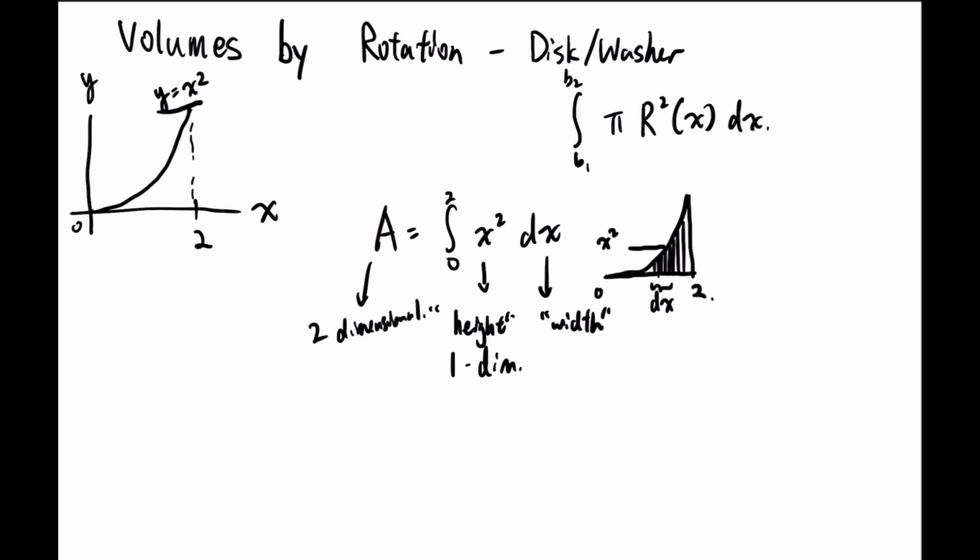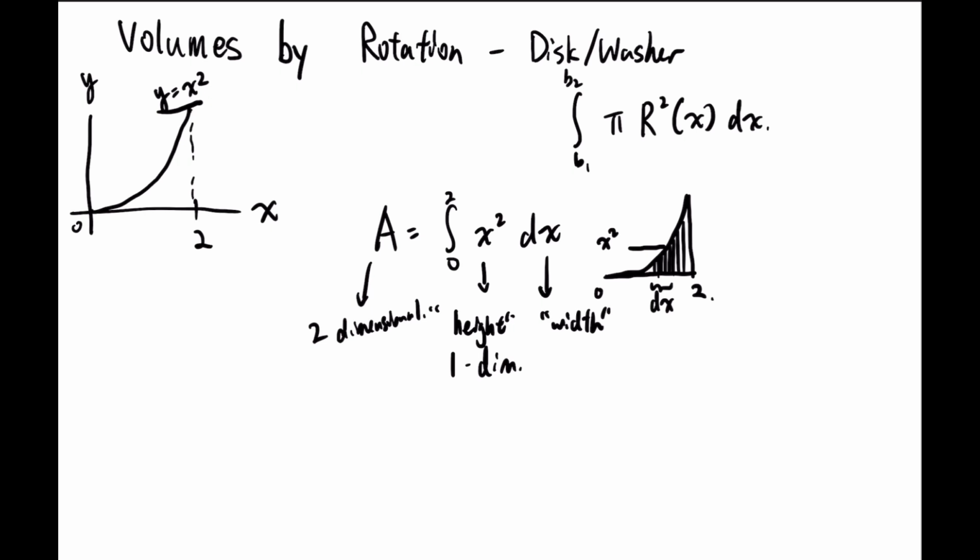So one way to think about integrals is that, given your integrand, x squared, you're doing something to it and increasing the dimension by 1. So that's one way to conceptualize one use of what an integral could do.